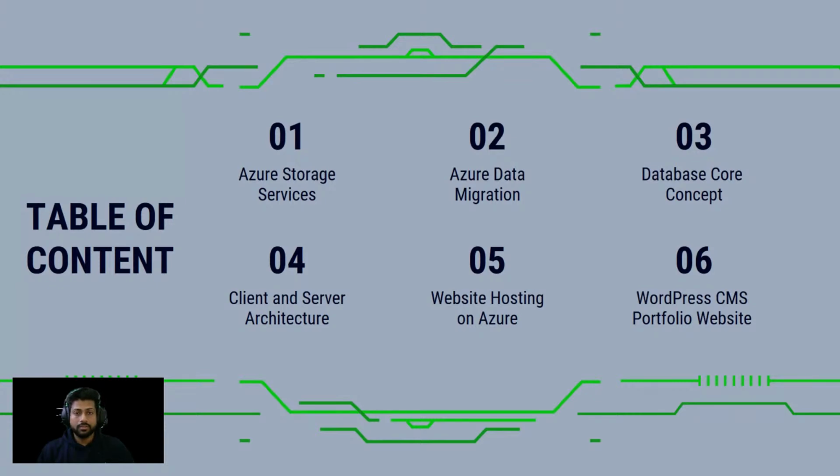Then we'll learn a little bit about client and server architecture. That will give a little idea for the practical part that we're going to learn. And we will try to host our own dedicated website on the Azure portal. And from a future perspective, it is one project that you can add to your curriculum, showing how you created a portfolio website for yourself while learning only the Azure fundamentals.